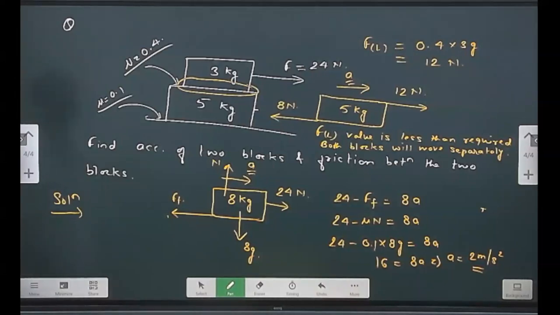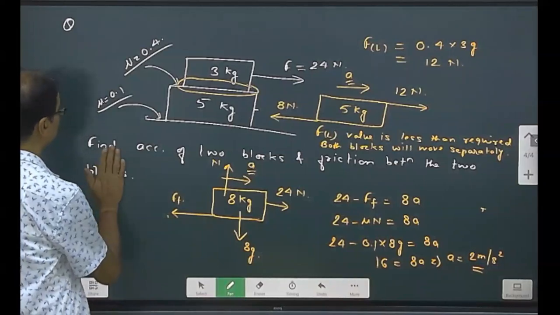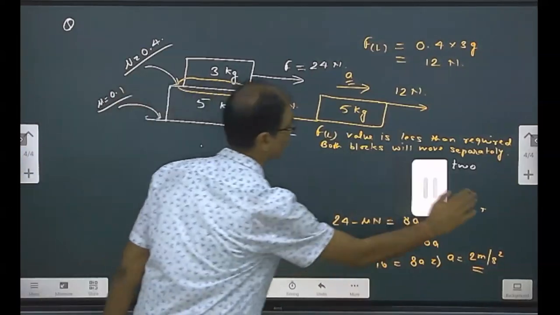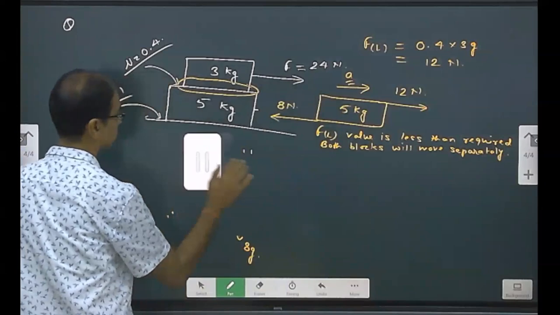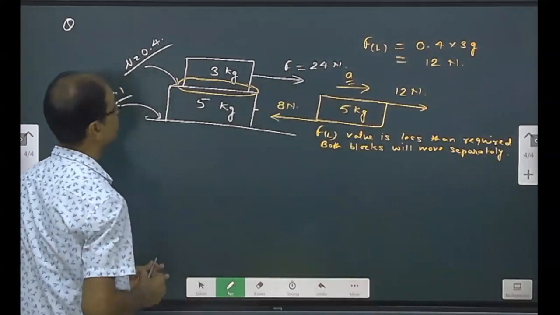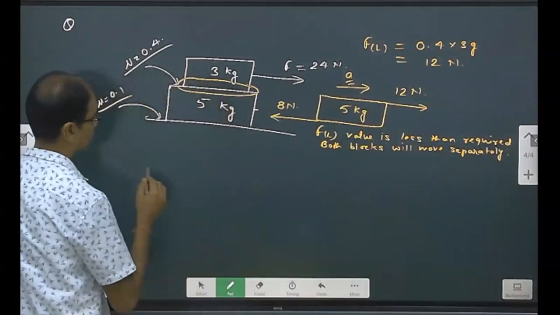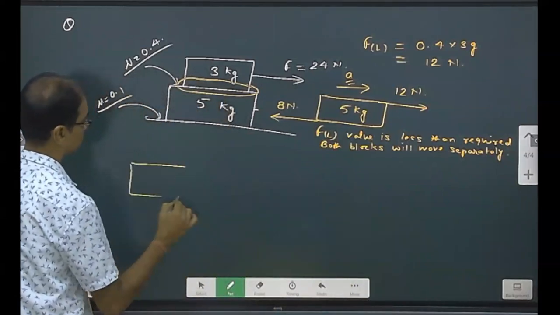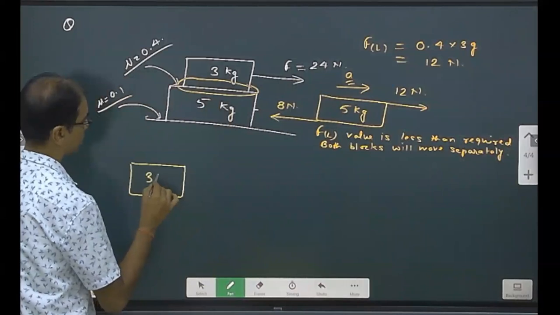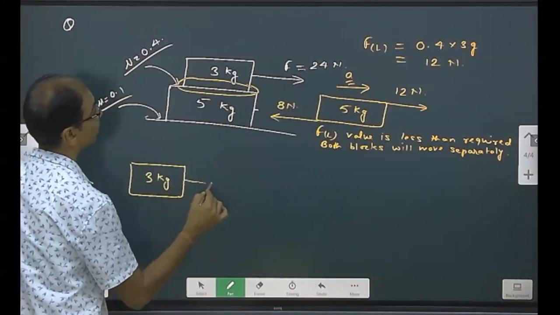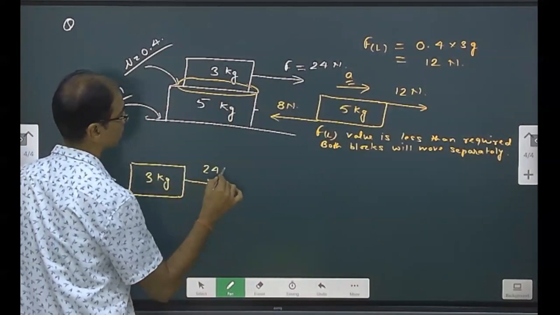Completed? Yes, sir. Okay, now let's find out the acceleration of both the blocks separately. First we'll solve for 3 kg. On 3 kg you are applying a force of 24 Newton.